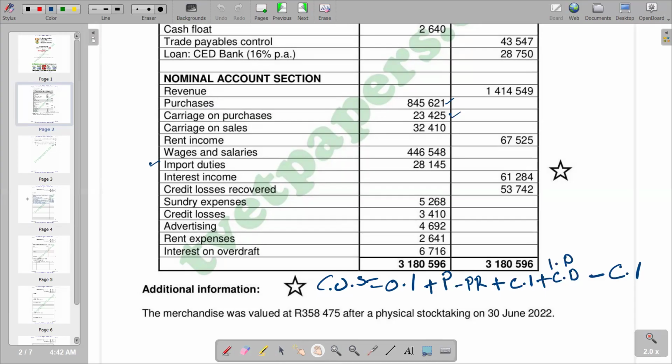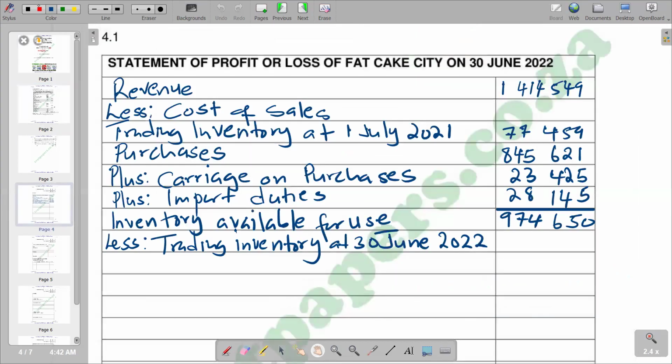So we take this figure as our closing inventory, whereby we're saying 358,475, which we're saying less, so we can show it by brackets.